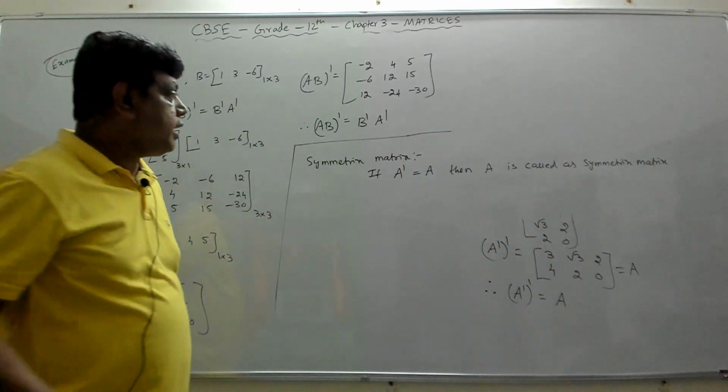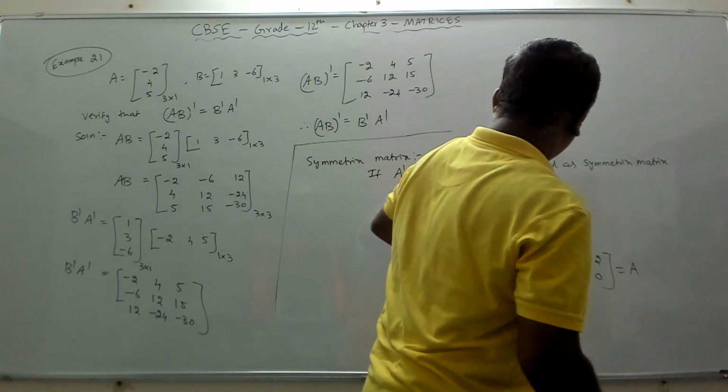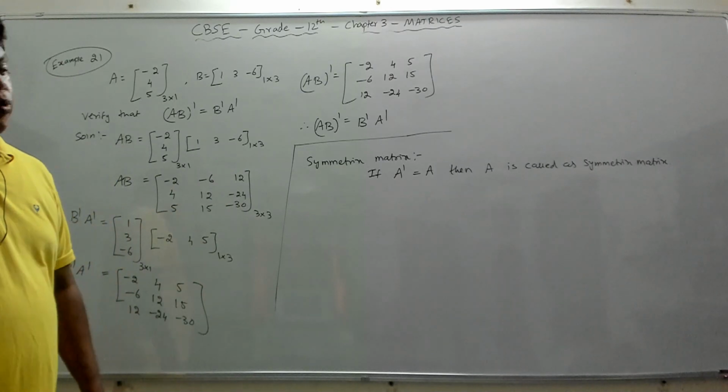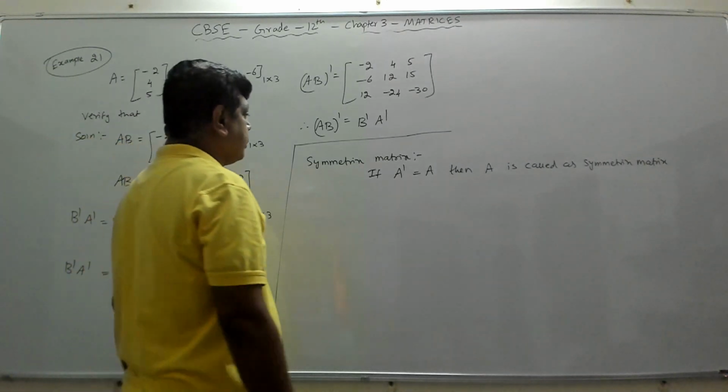We call a matrix A symmetric if A transpose equal to A, and obviously A has to be a square matrix. Right? A has to be a square matrix.